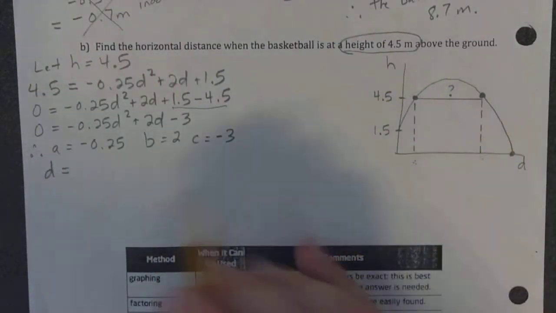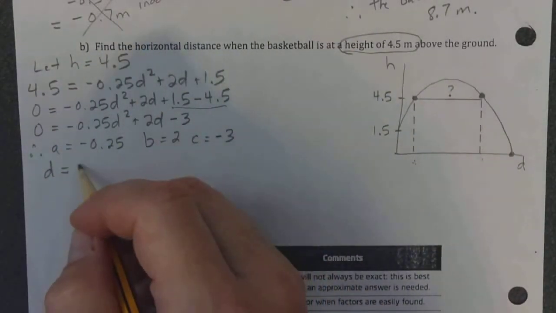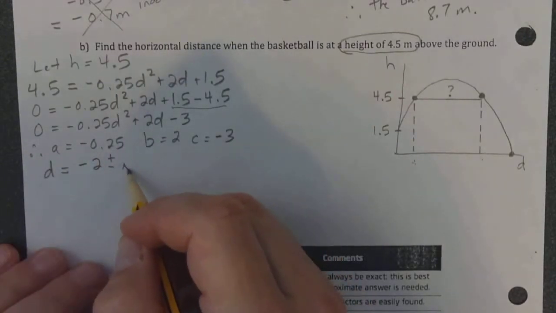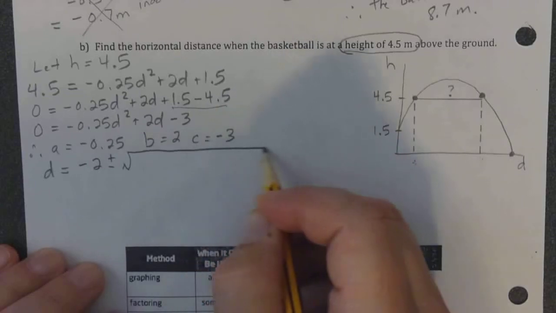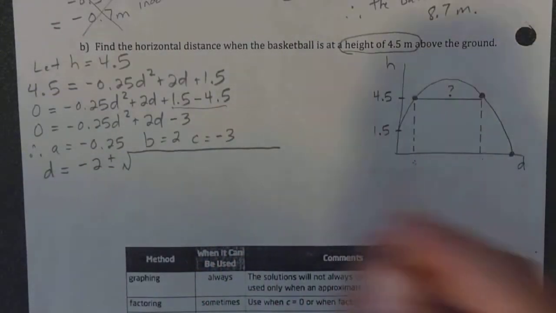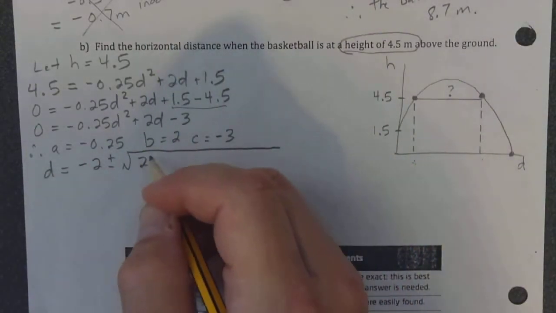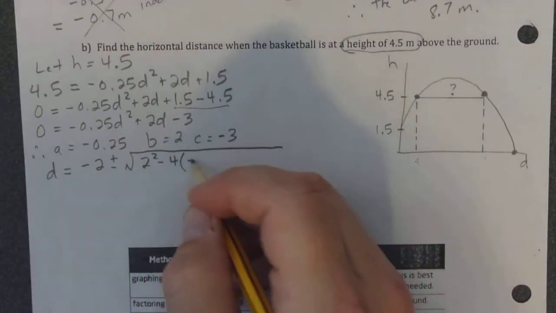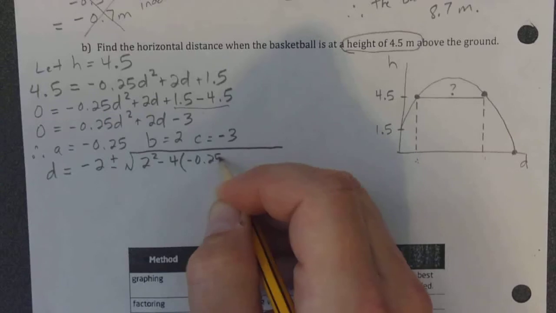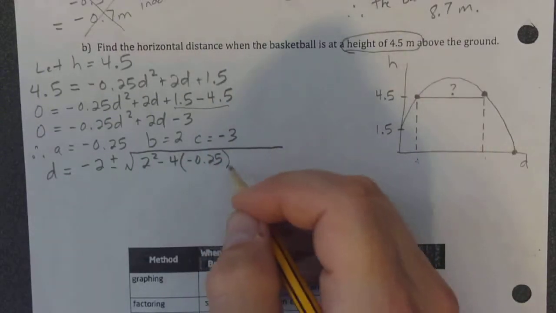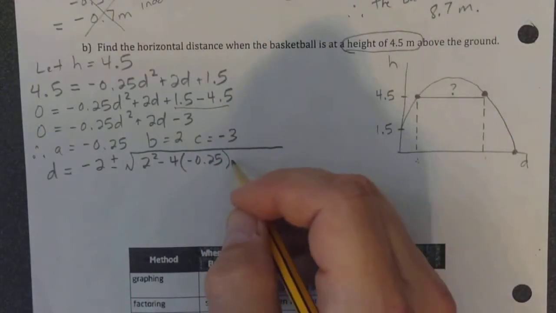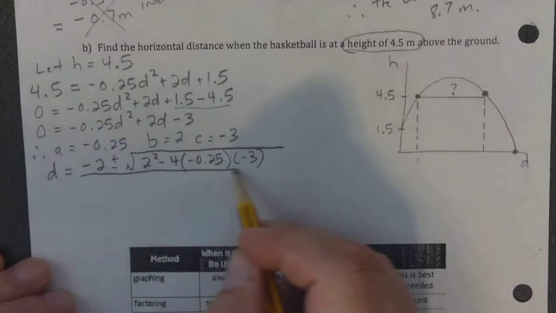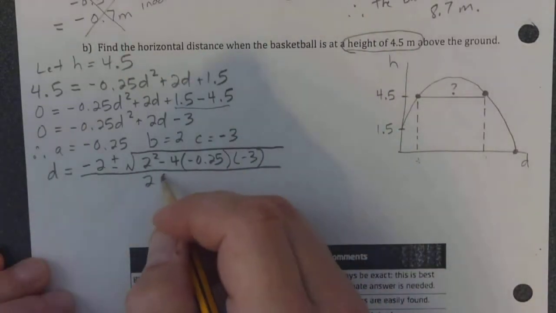Now again I got not X, but D is equal to minus B, so in this case it's minus 2. Drop the plus or minus. Big square root sign. I've got B squared, which is 2 squared, minus 4, A is negative 0.25, and C is negative 3.